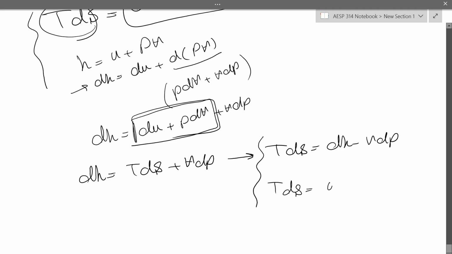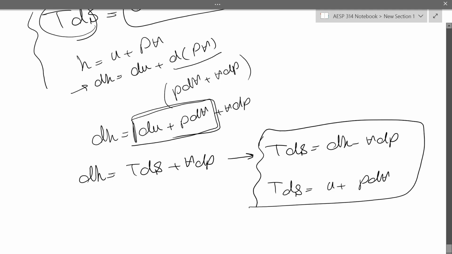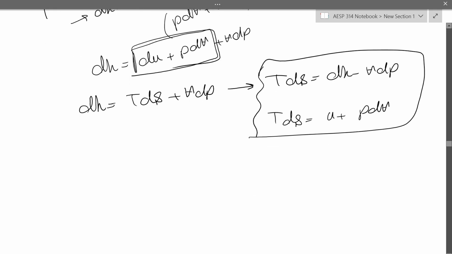And we had the original equation as this. These two are the most famous entropy related equations out there, the TdS equations. Whenever you are dealing with entropy or cycles, you will eventually see these equations somewhere.